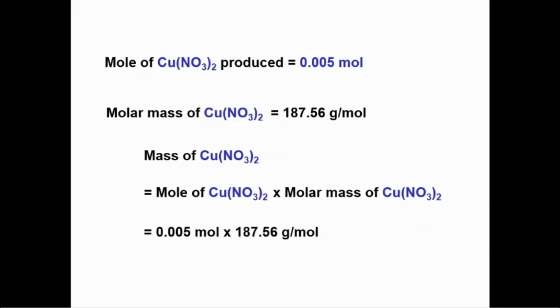So 0.005 moles times 187.56 grams per mole, and we are going to get 0.9378 grams of copper(II) nitrate. Okay guys, so that is the mass of copper(II) nitrate produced in this reaction.